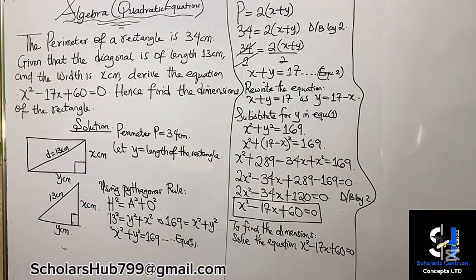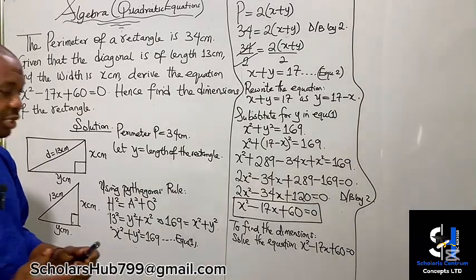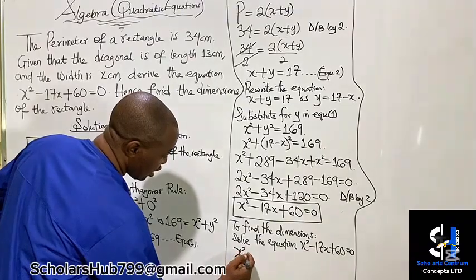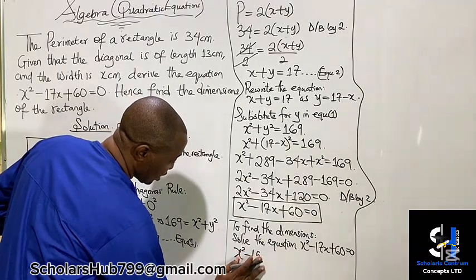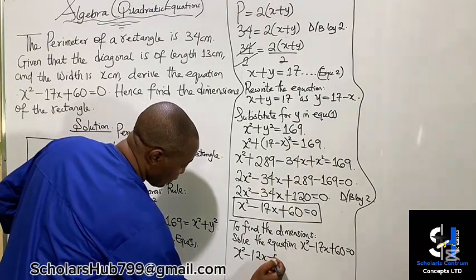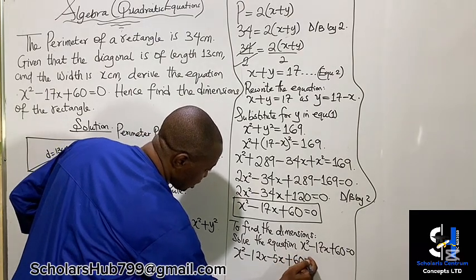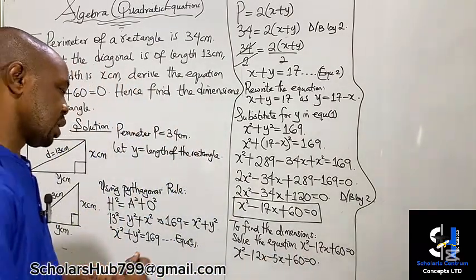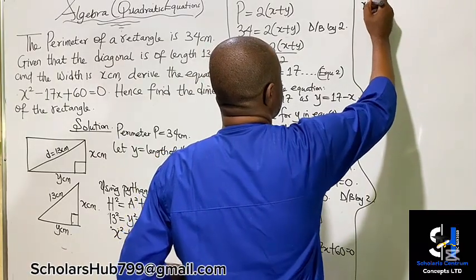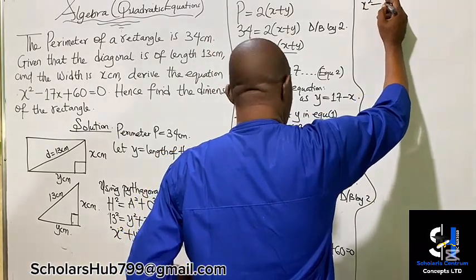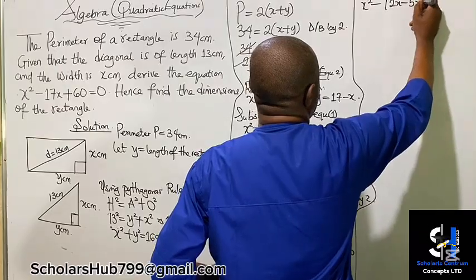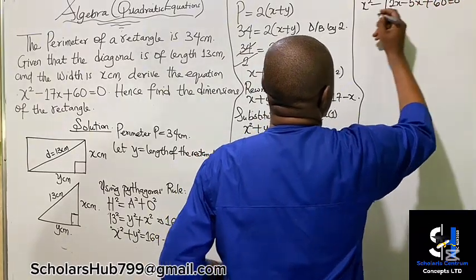Now let's find the factors of 60 that will give us negative 17. That will be 12 times 5, that's 60. So x squared minus 12x minus 5x plus 60 equals 0.